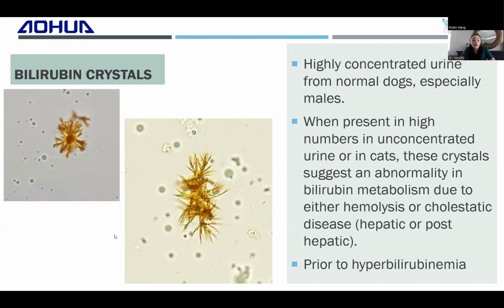So when they're present in very high numbers in an unconcentrated urine, so let's say that we have a urine specific gravity of 1025 or 1020, okay? These crystals suggest some kind of an abnormality in the bilirubin metabolism. Either we have severe hemolysis or cholestatic disease, liver disease.